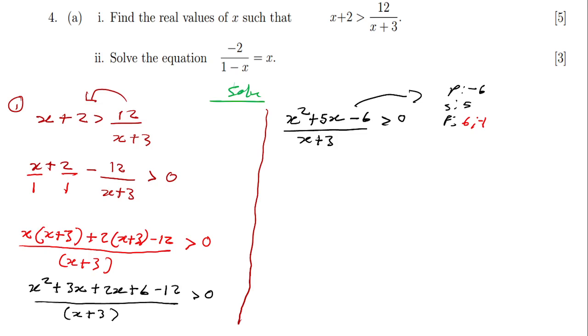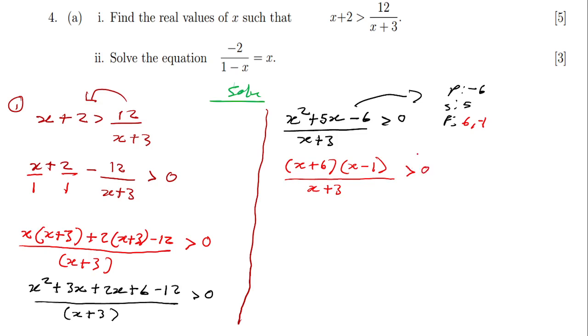Since the coefficient of x squared is 1, I won't do the next step, but I'll just easily say (x plus 6)(x minus 1) over (x plus 3) is greater than 0.